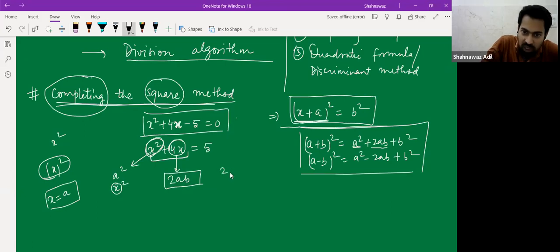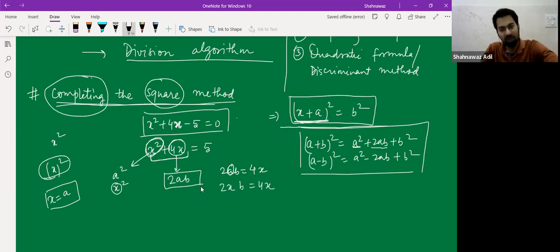So how much is 2ab? 4x. Right. And a is how much? x. So 2xb is 4x. And the idea of completing the square is that we have to find this b. This is the whole idea, right? I will repeat that in a moment.